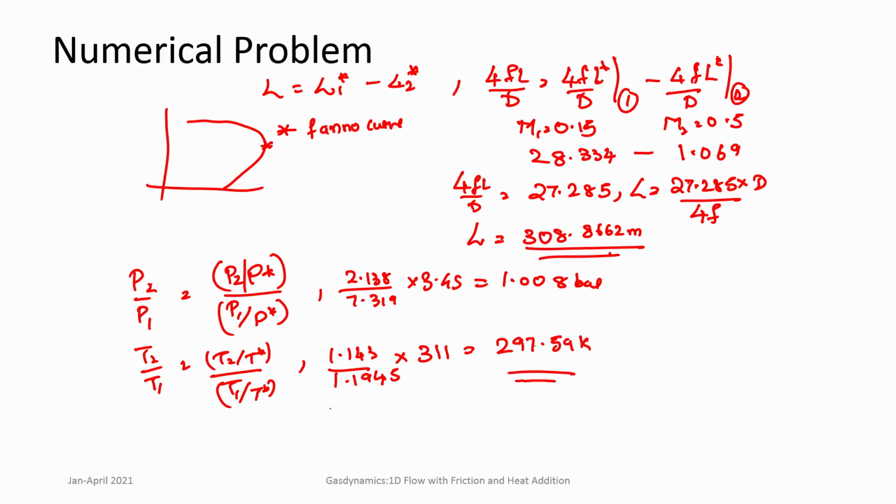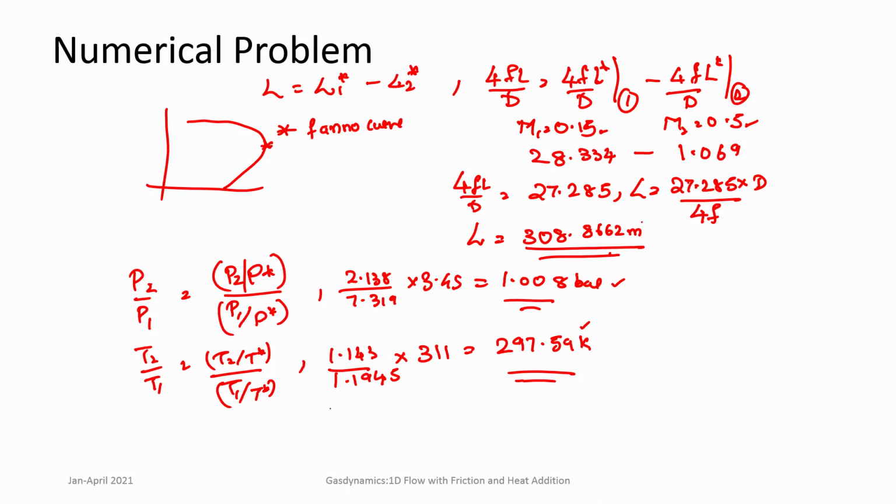So, this should be in keeping with the Fanno flow that we had learnt, that initially subsonic flow Mach number is 0.15, across the duct Mach number will increase, pressure decreases, temperature decreases. So, we are good, it is in keeping with that particular equation.